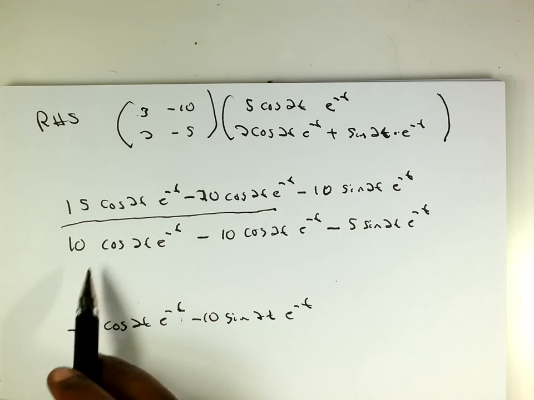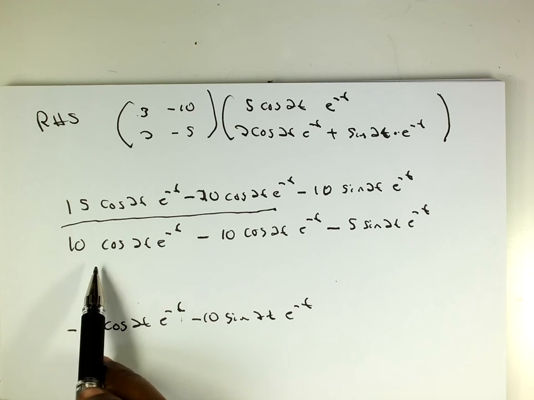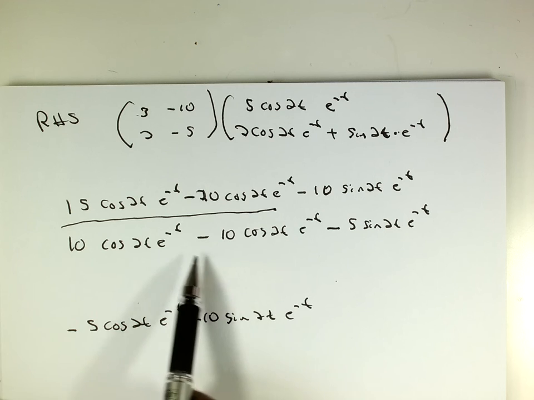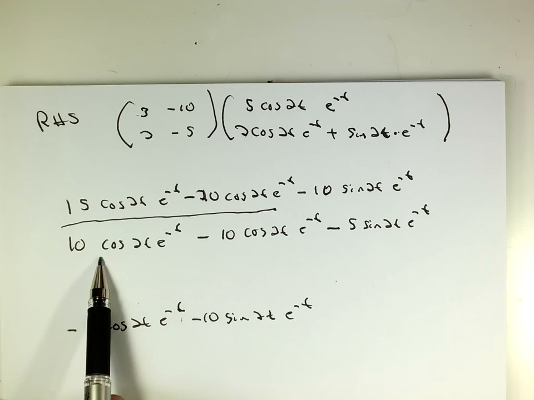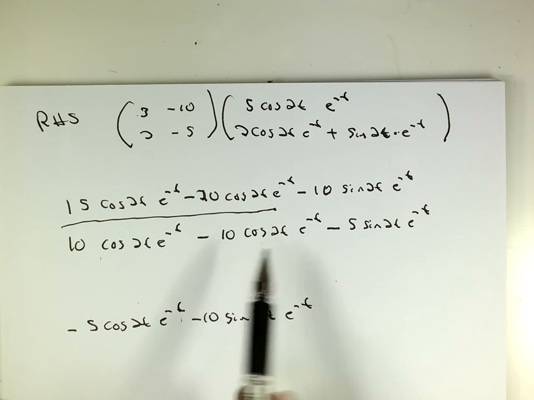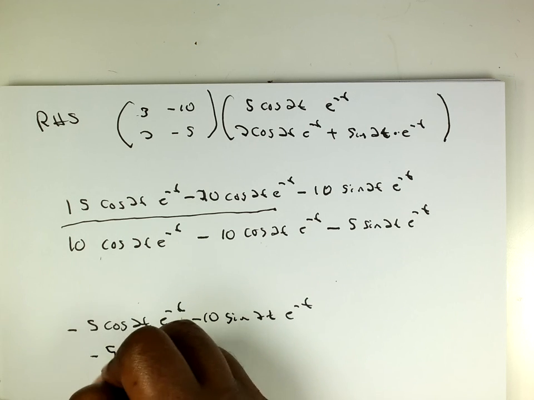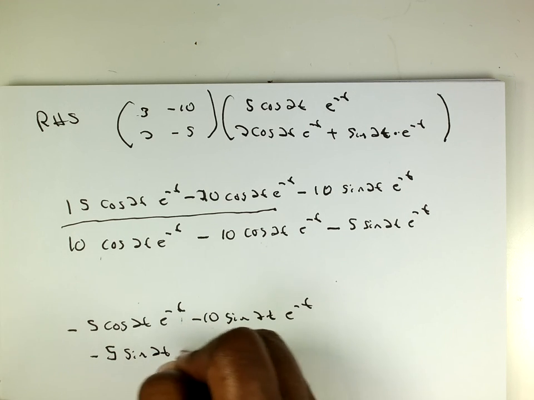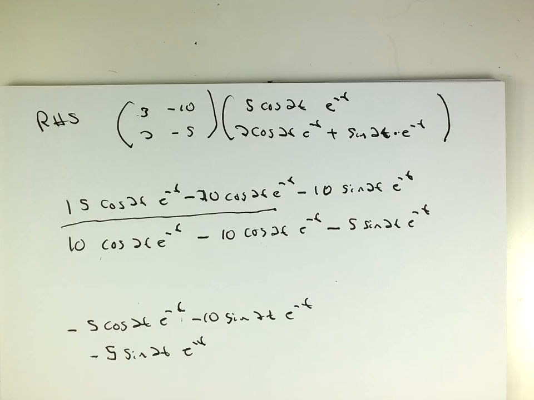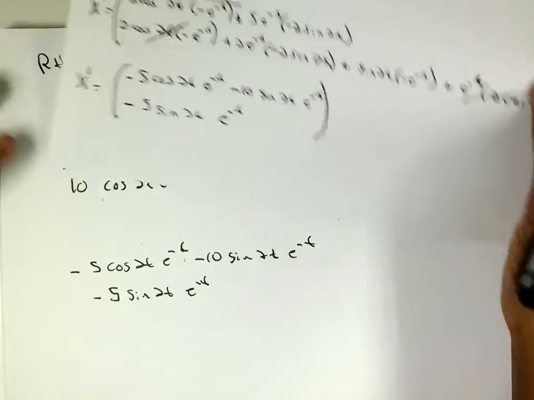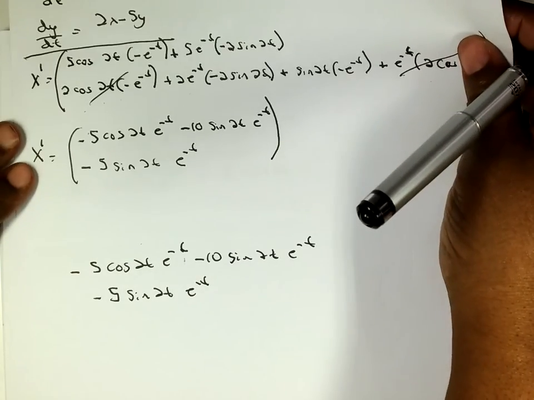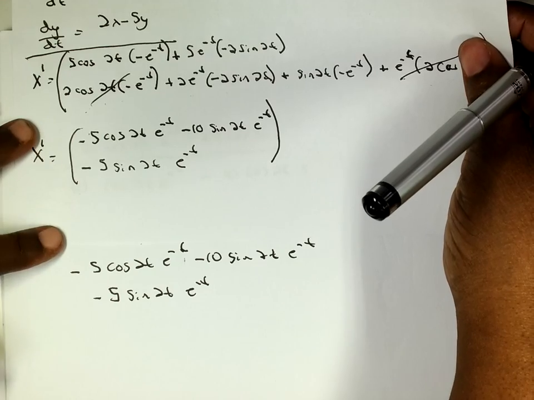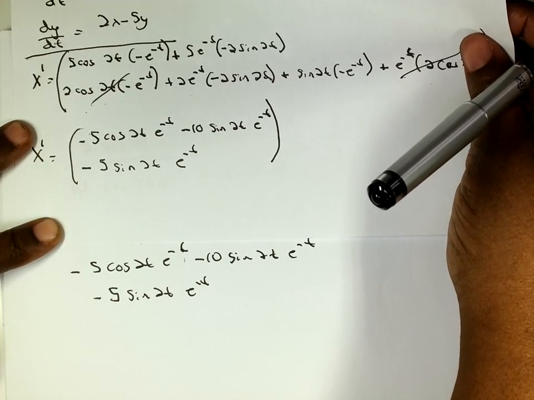And then for the second one, this and this are opposites. They cancel out, so I'm just left with negative 5 sine 2t e to the negative t, which, on the other page, we can see that they match, so that is a solution.